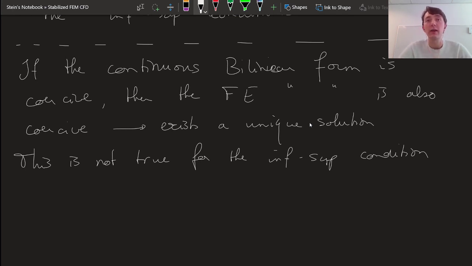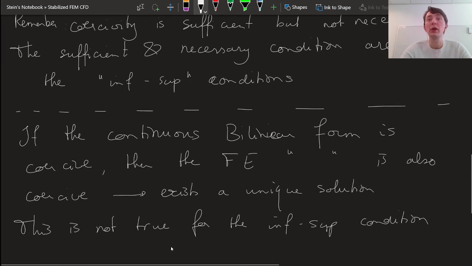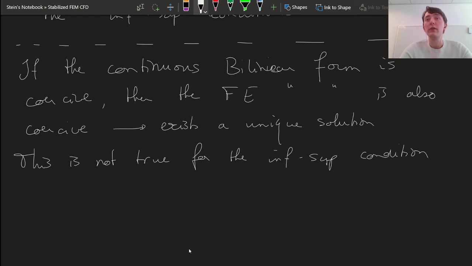This is coming from the fact that the bilinear form is not coercive, as we have proven here, which means that all the theory that we developed in the functional analysis lectures about existence, uniqueness, and stability, we can't use that, but rather we have to go to these more complex conditions. And those complex conditions, we don't like those because they don't carry over to finite element subspaces. And that's where the sensitivity with respect to the choices of finite element spaces comes in.